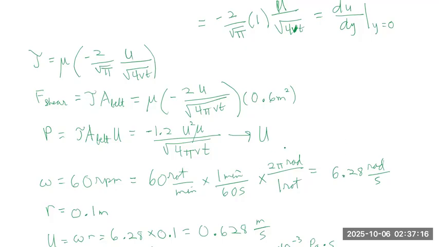So, basically, an alternative expression for F shear is equal to mu times negative 2u over root 4 pi vt times the area, which we can leave as A. And we're actually going to use this equation and integrate it.